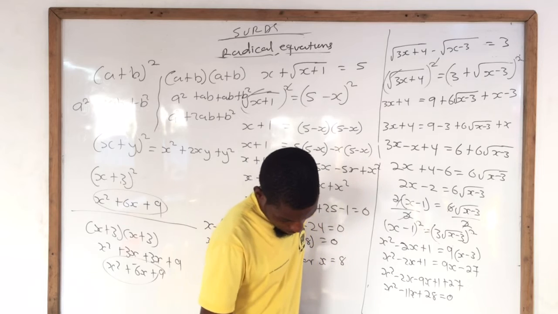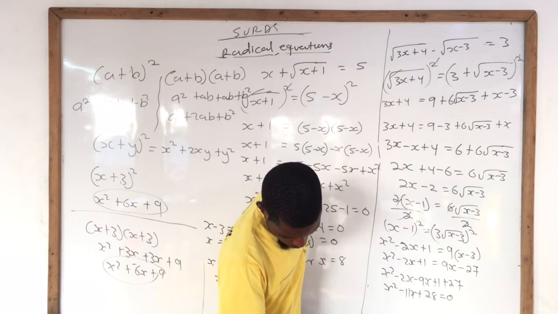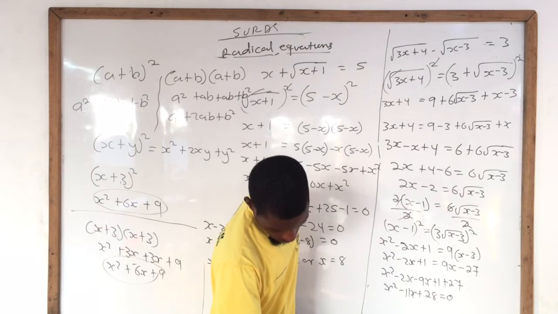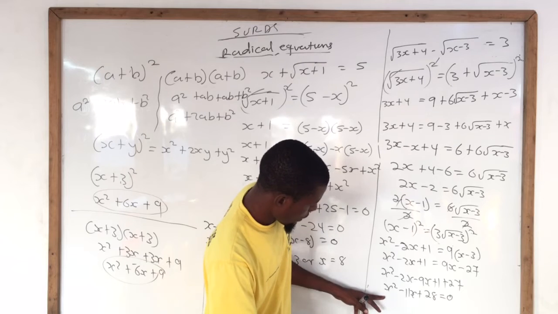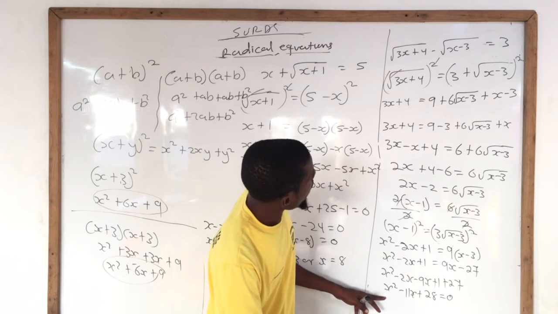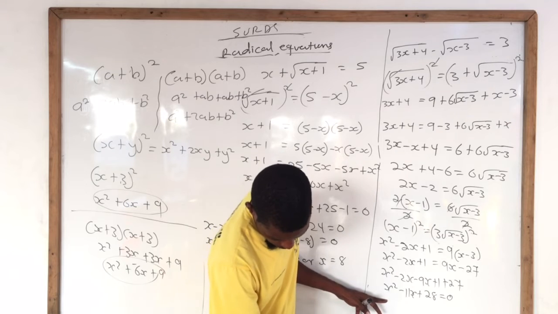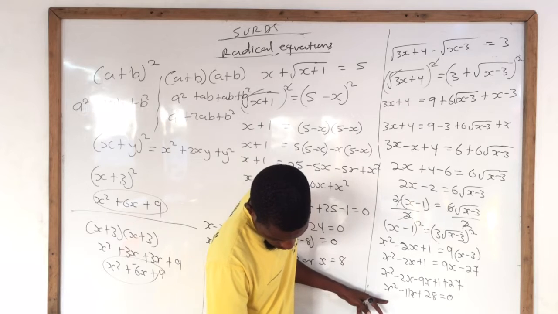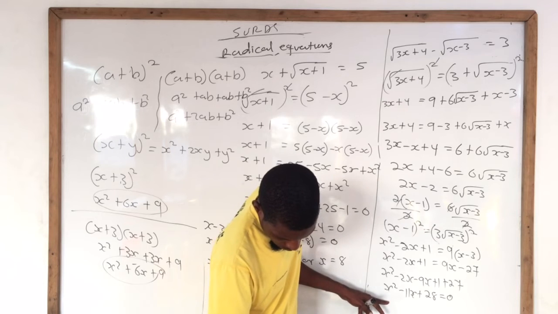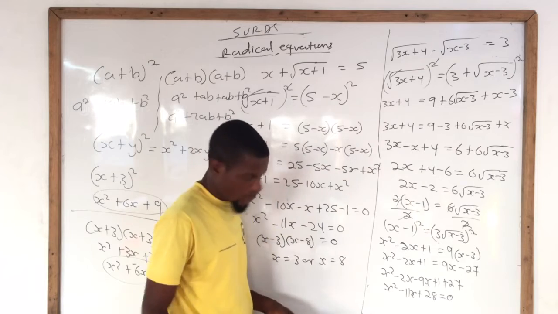And so this is supposed to give me, let me check the particular answer for this. Okay, so this is supposed to give me x minus 7, x minus 4.